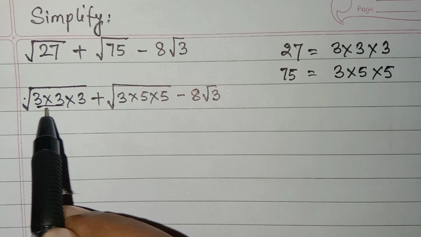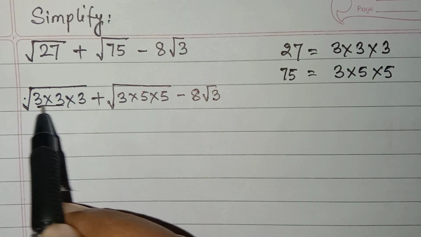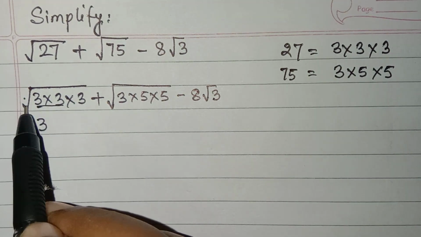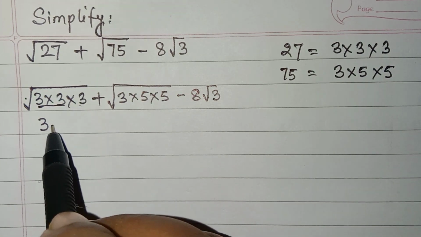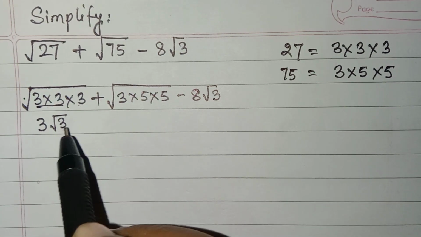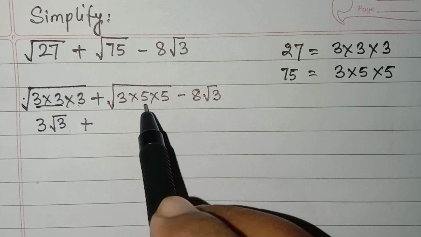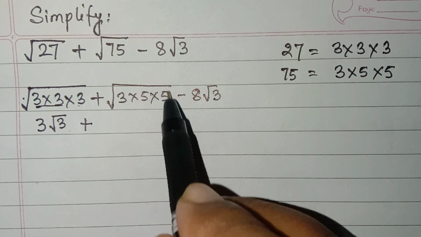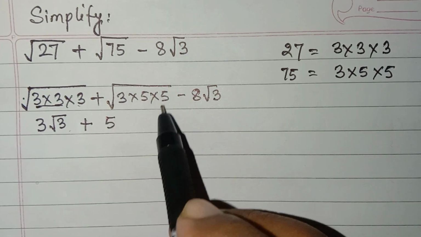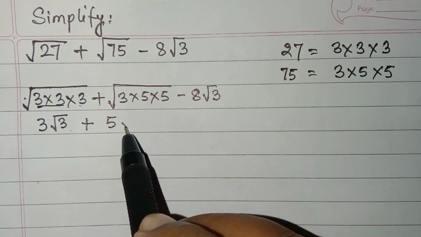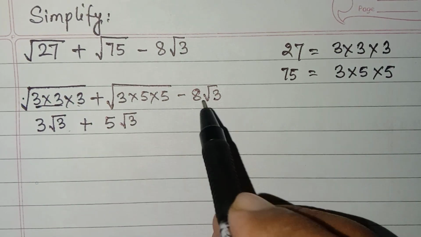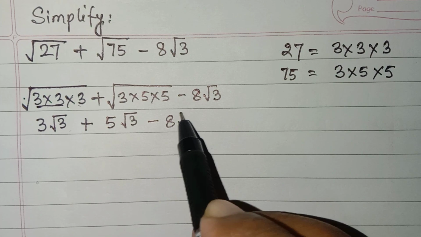So here I have this pair, hence it will be free, and one of the 3s is alone here, it will be inside the root. Plus from here we can see that 5 is making a pair, so the 5 will be free from this square root, and this 3 is alone, so it will remain inside the root, minus 8 root 3.